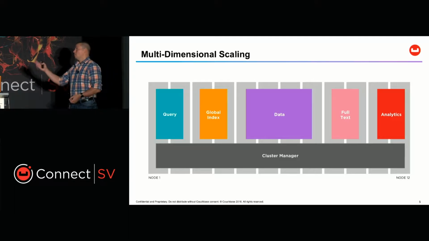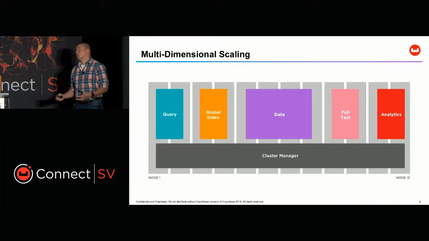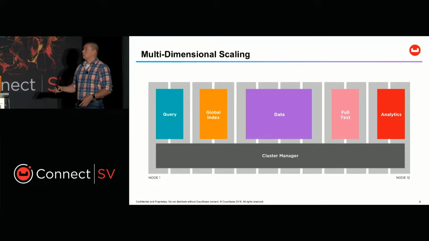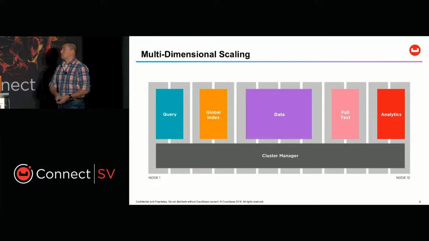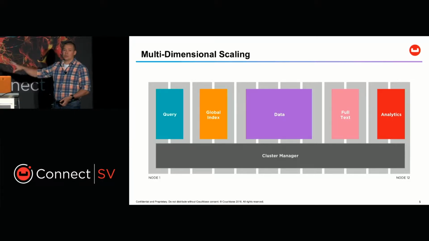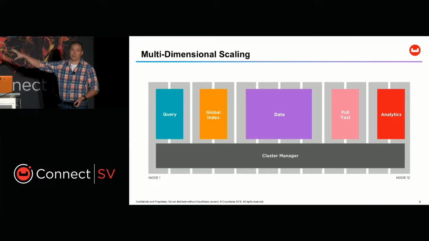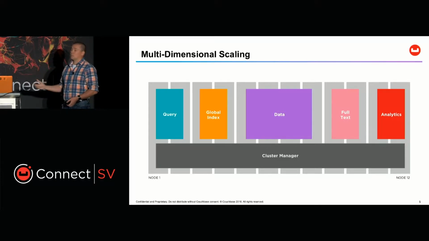The way our platform works is you can run all those services on the same node, which will probably be a very bad idea because every service uses system resources in different ways. Hence the concept of multidimensional scaling. All those additional services still depend on your data service. I mean, you need data to work with, right? But the way you shape your cluster depends on your particular use case.